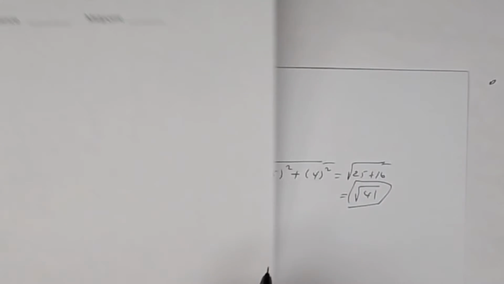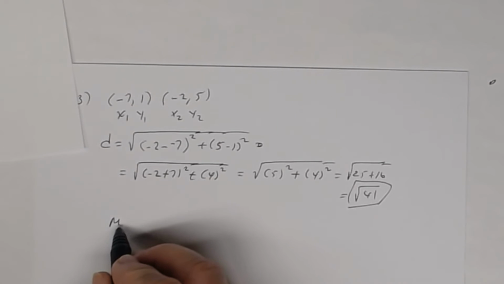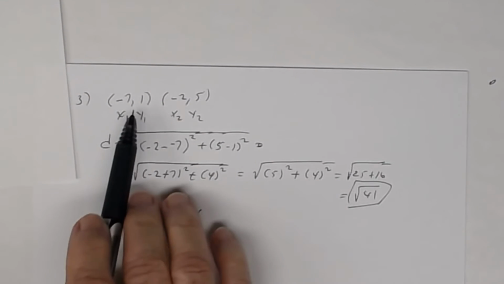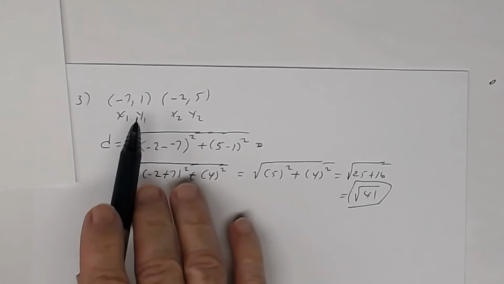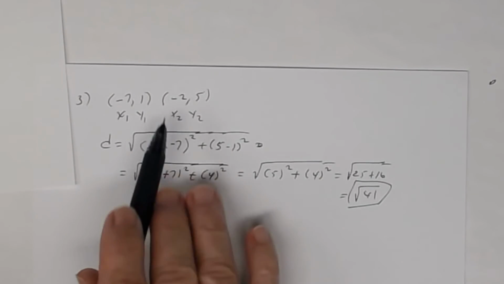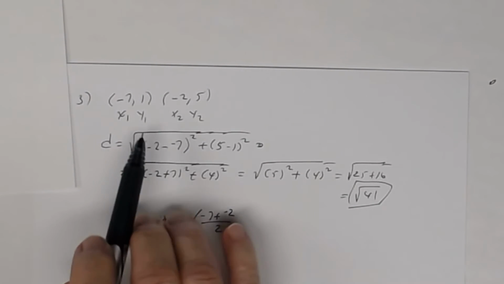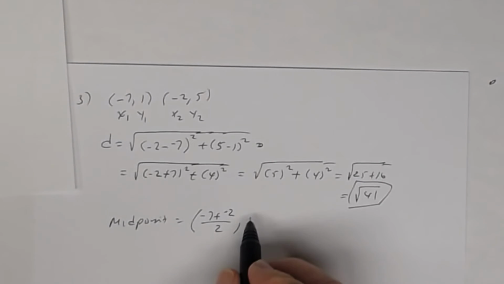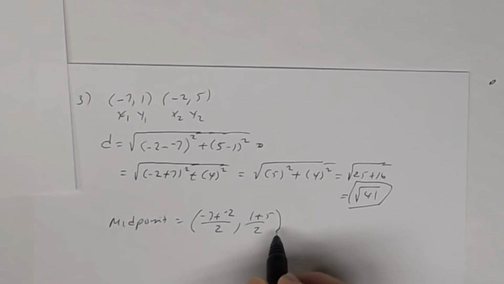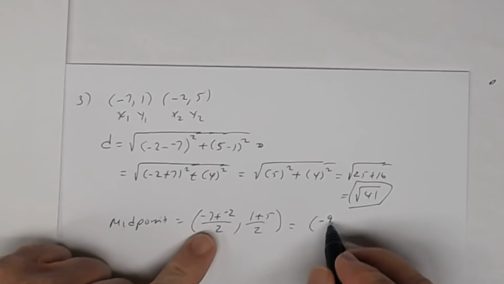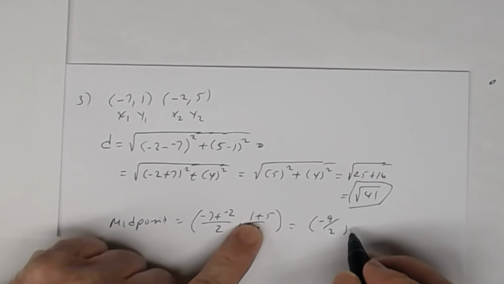The midpoint is easy. For the midpoint, you are just going to add the x coordinates together and divide by 2. So negative 7 plus this x coordinate, negative 2, just like this. Divide by 2, and then you're going to add the y coordinates, 1 plus 5, divide by 2. Simplifying that, negative 7 plus the negative 2 is a negative 9 halves, and then 1 plus 5 is 6.